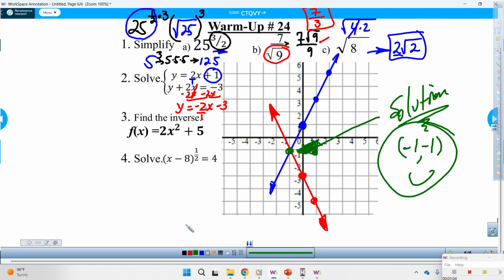I need an inverse for number 3. Show your neighbor the inverse. I don't want the process, just the inverse. All right, good conversation. Pass someone, Autumn. Renzo, what you get for number 3?